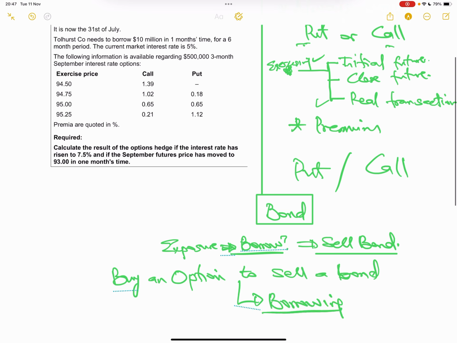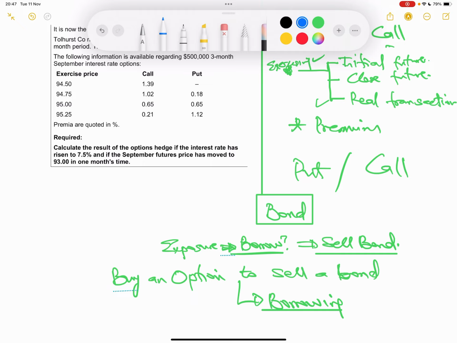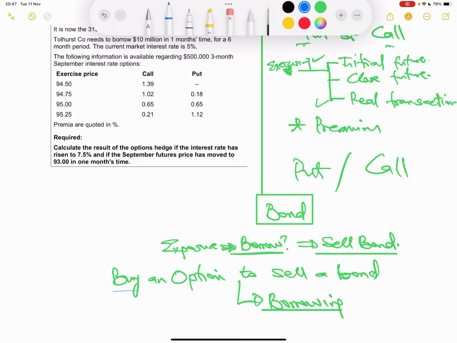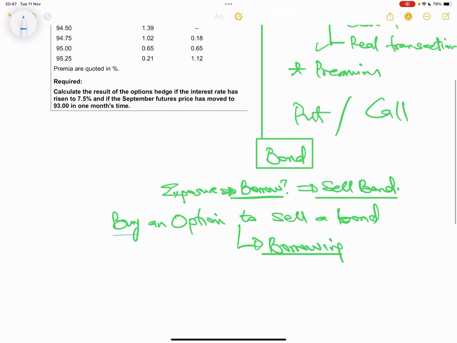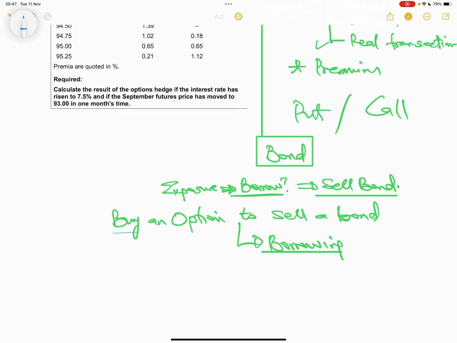Remember, if you are using futures, you must always initiate your future transaction in the same direction as the real transaction. So your future transaction is to sell a bond, which is the same thing as your real transaction. And if you want an option on it, then buy an option on it. And what is an option to sell a bond? An option to sell a bond is a put option.